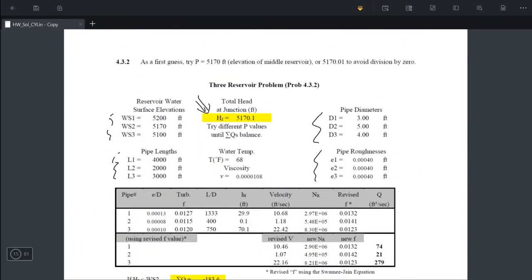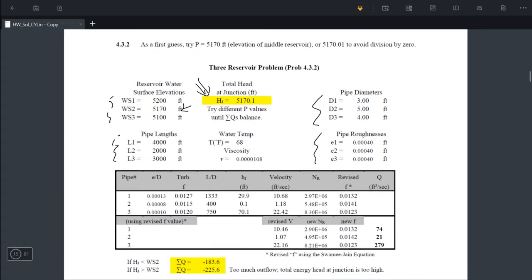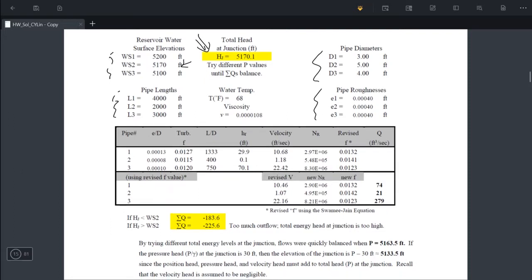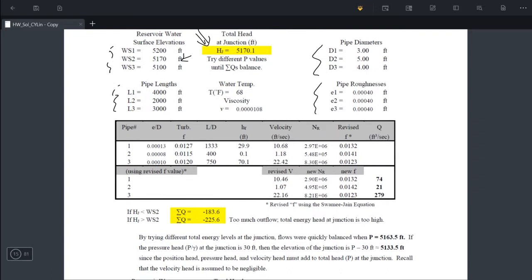So in this case, we choose the energy really close to the second one. Okay, and we will have this 0.1 just to make sure that we won't divide by 0 in our calculation. But you can use any value between the maximum total energy of the reservoirs and the minimum total energy of the reservoirs.